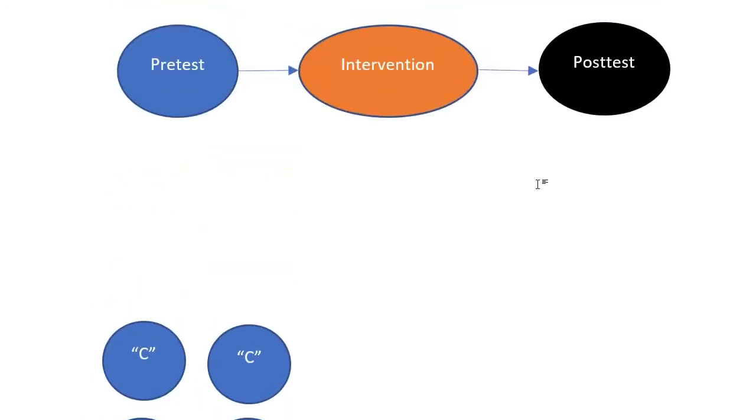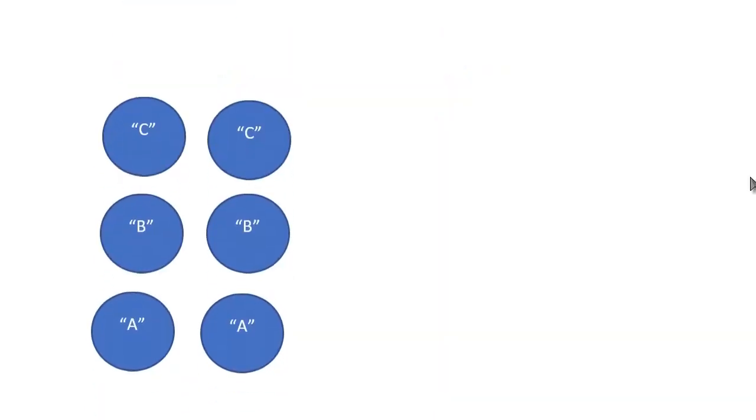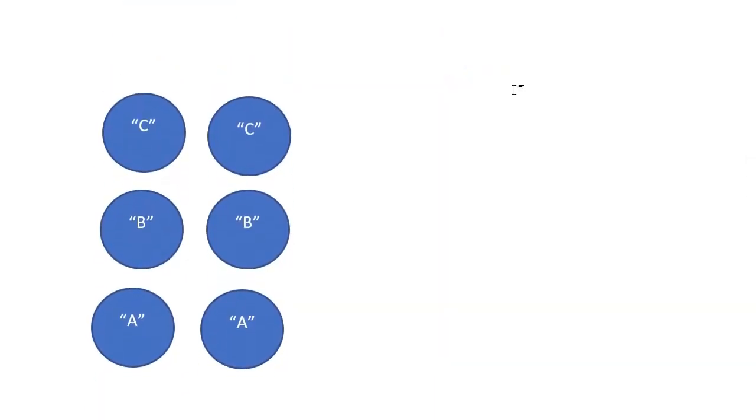Okay, so now in this study, we're going to have a control and we're going to have a treatment. So if I wanted to put one member of each match in the control, what I'm going to do to make it a true experiment is I'm going to choose them at random. You could do this with a coin flip. So let's suppose that this person here was designed to have the treatment.